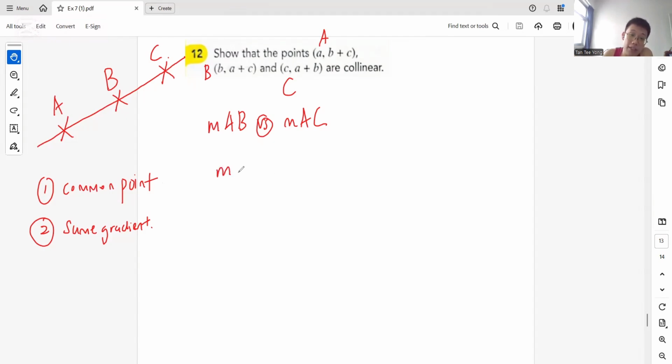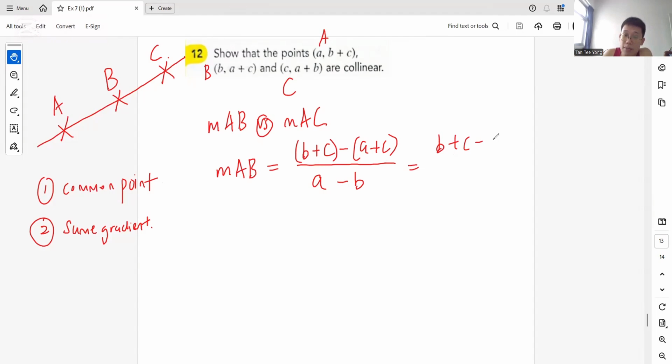How to find the gradient of AB? Gradient of AB equals y1 minus y2 over x1 minus x2, which equals b plus c minus a minus c over a minus b, which is b minus a over a minus b.